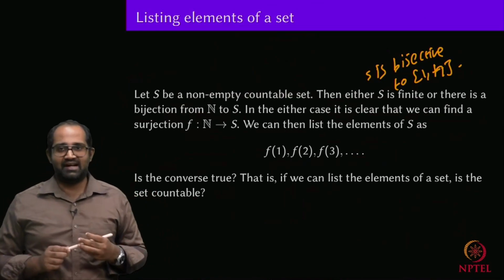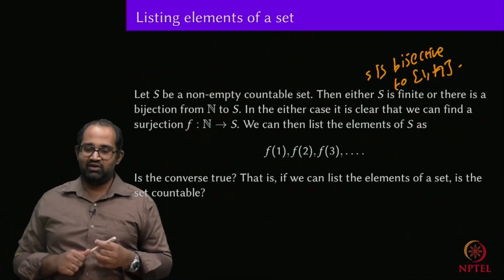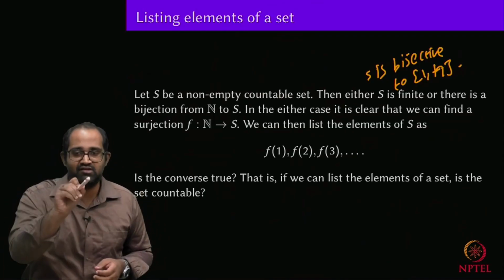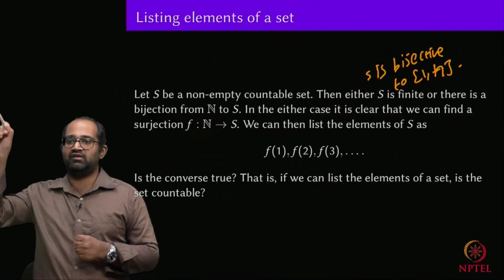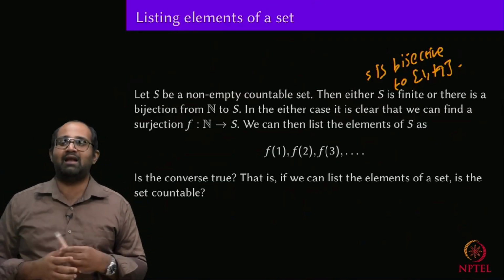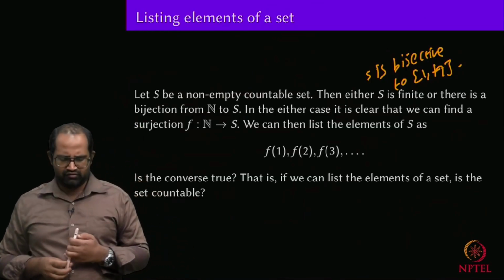So, if a set is countable, then you can do the same thing you have been doing for at least a dozen years. You can point out and say, this is the first element, this is the second element, this is the third element, except you may have to keep doing this motion forever if S happens to be an infinite set, but nevertheless it can be done, right? The question is, is the converse true?